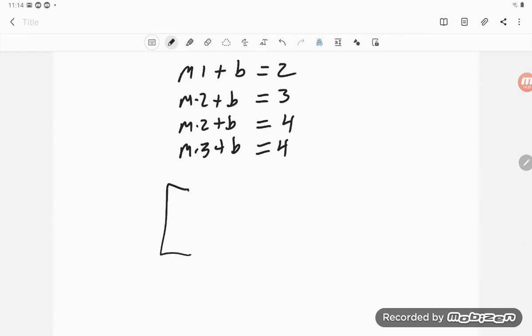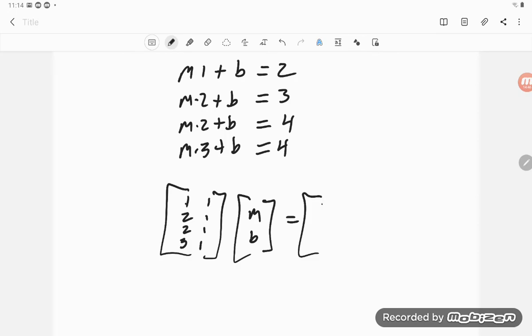And so you see this problem just becomes the matrix problem of the matrix with columns 1, 2, 2, 3 and 1, 1, 1, 1, times m, b, is equal to 2, 3, 4, 4.